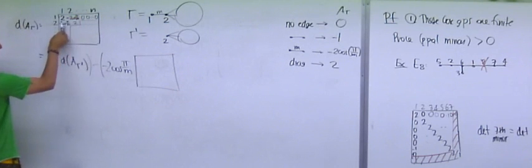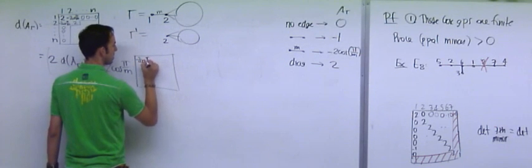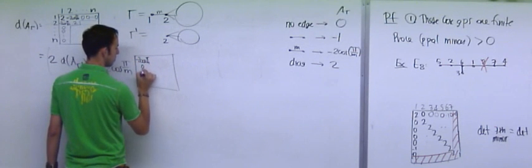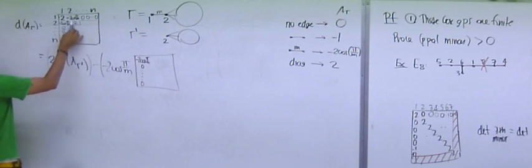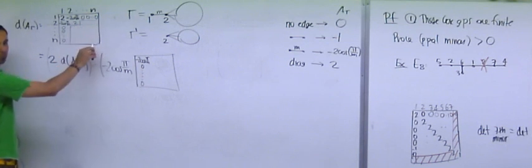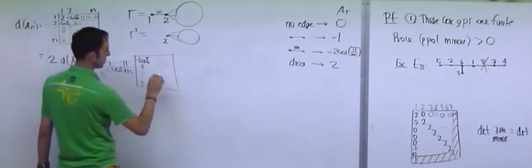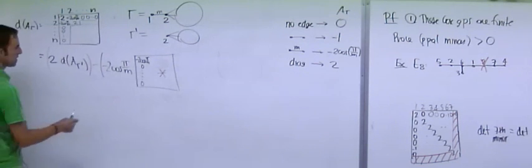So the first column is minus 2 cosine pi over m and zeros. Okay. Now, what I get then is this matrix, which I don't really know much about. So here, there's just some things. Okay. What things? Exactly these things.